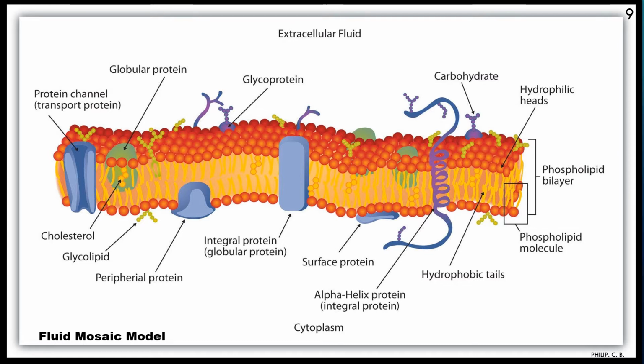Surface proteins, alpha helix protein, integral protein, globular protein, peripheral protein, glycolipid, cholesterol, all are present. So this complete model was put up by Nicholson and Singer, hence termed the fluid mosaic model.